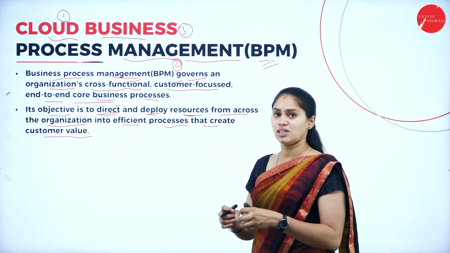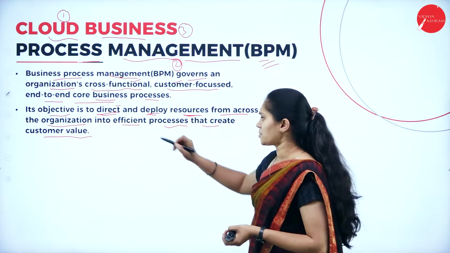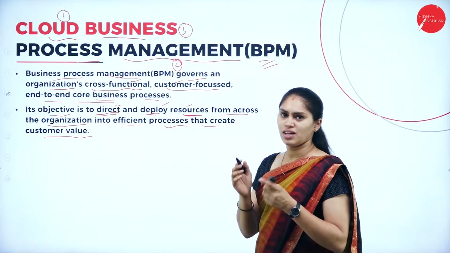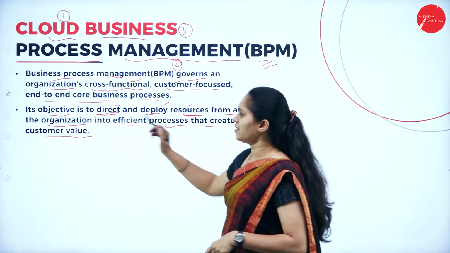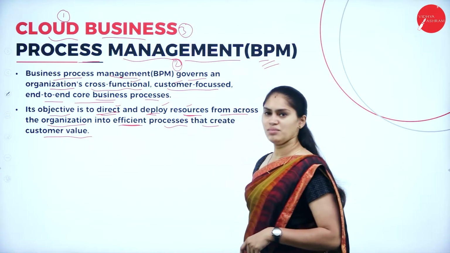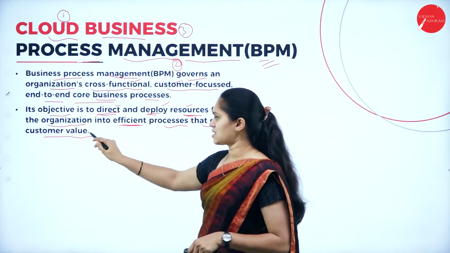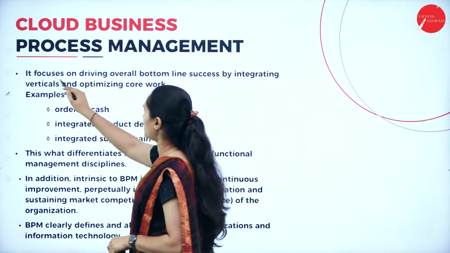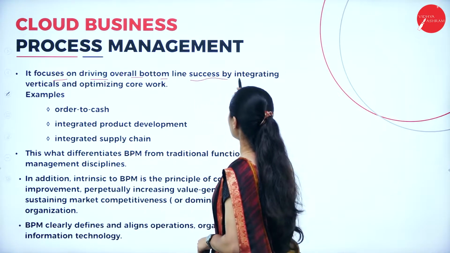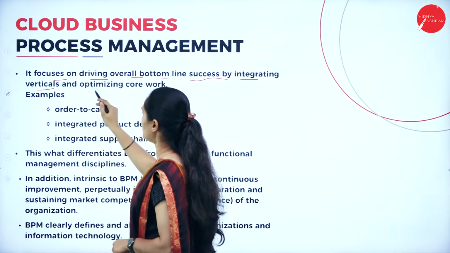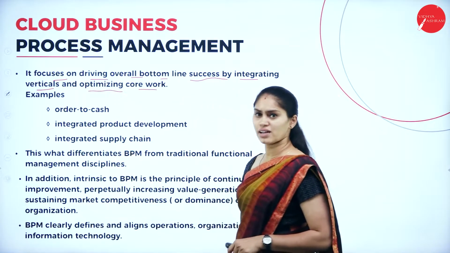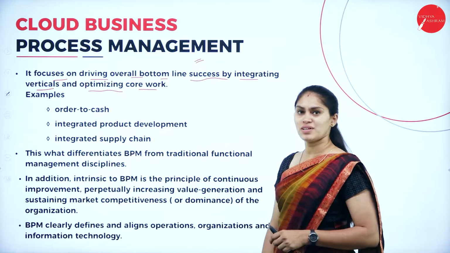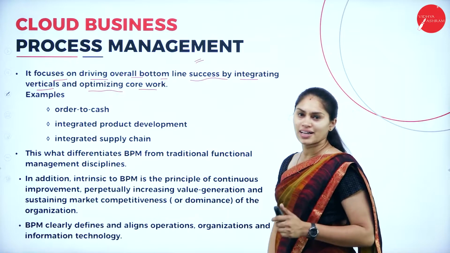It directs and deploys resources from the various functions of the organization into efficient processes that create customer value. It also focuses on driving overall bottom line success by integrating verticals and optimizing the core work. So the main concern of BPM is to support the core business activities of the organization.